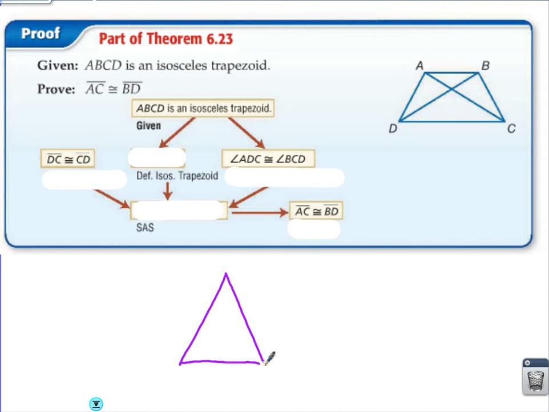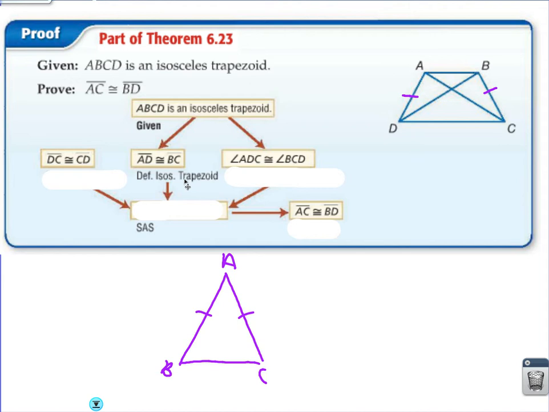Think of it like this, guys. If this is an isosceles triangle, what two sides are congruent? That's what makes it isosceles. Since this is an isosceles trapezoid, what two sides are congruent? Thank you. That's what we're going for there. And that is, by definition, of isosceles trapezoid.